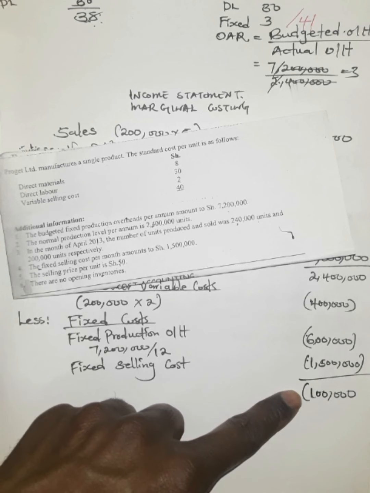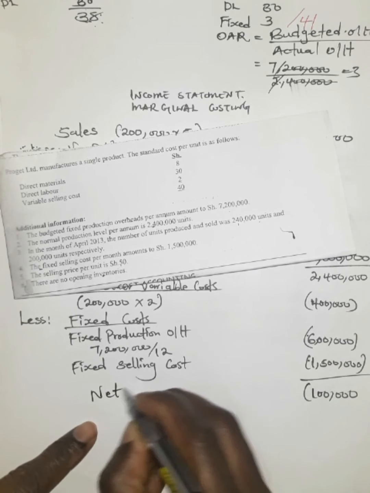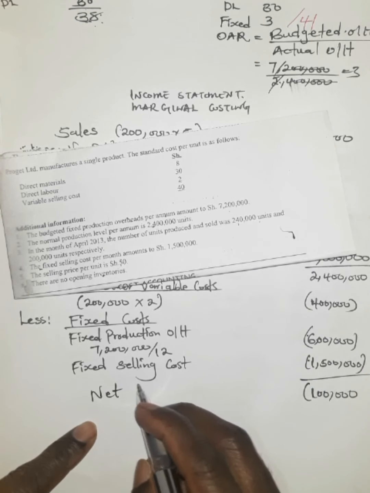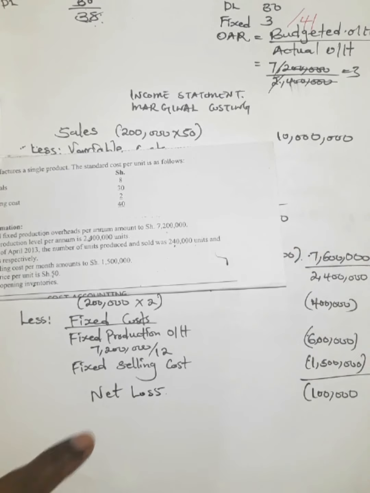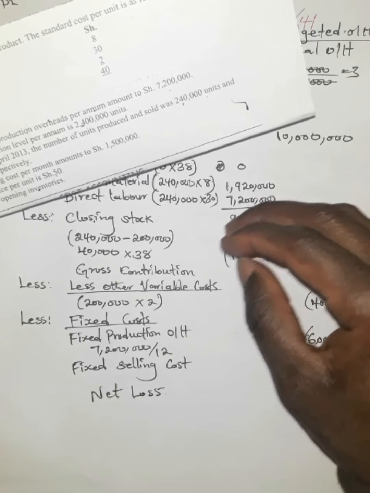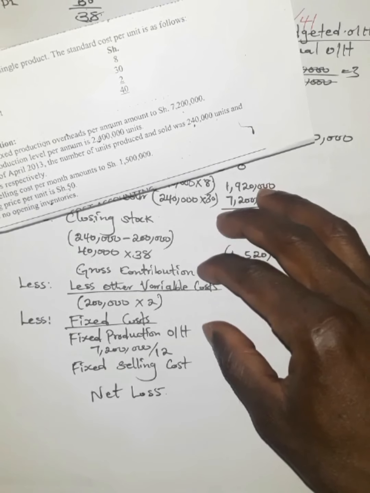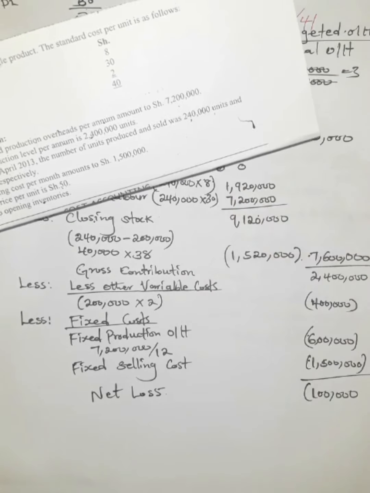And this one typically illustrates that there is some element of net loss. So that is a net loss to this particular business because we have more expenses, both variable cost and fixed cost, that were incurred as compared to the gross contribution.